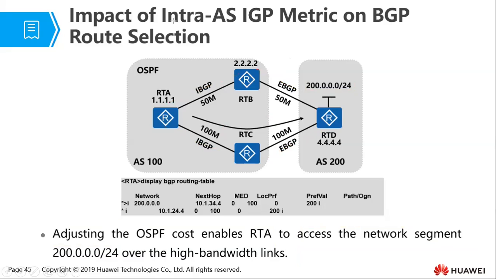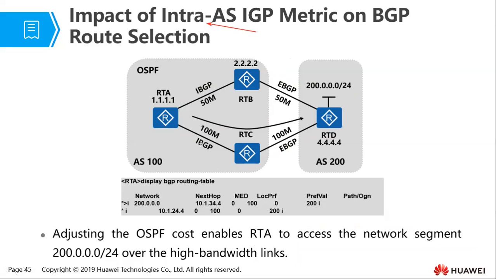So how does RTA use the intra-AS IGP, like OSPF cost, to select the best path?